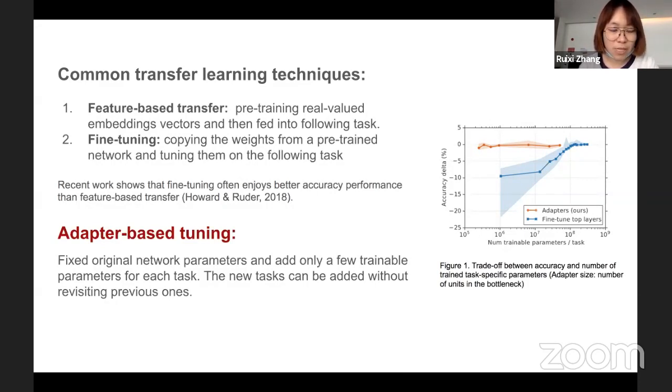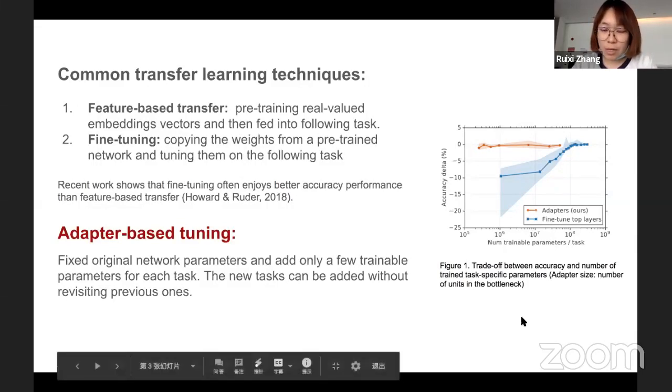the fine-tuning also often enjoys better accuracy than feature-based transfer. So for this work, adapter-based tuning fixes the original neural network parameters and adds only a few trainable parameters for each task. So for each new task, it can be added without revisiting previous ones. On the right-hand side is the comparison between the adapters, the orange one, and the fine-tuning techniques, the blue one.